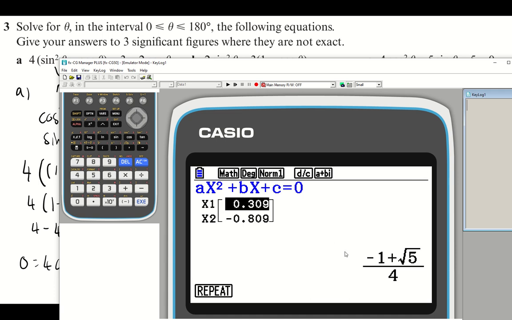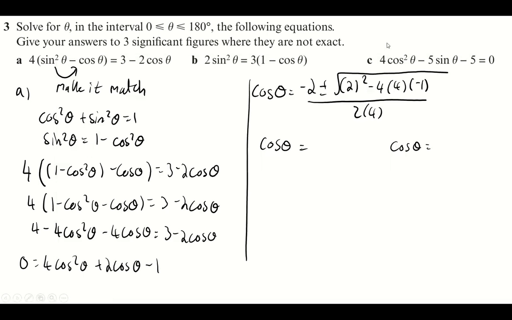So it comes out as minus 1 plus root 5 over 4 and minus 1 minus root 5 over 4. And we can see they're both okay answers. We don't need to change our range. The thetas match.